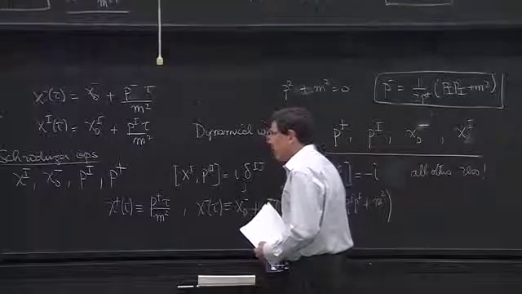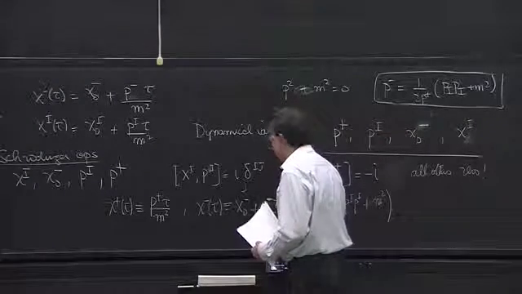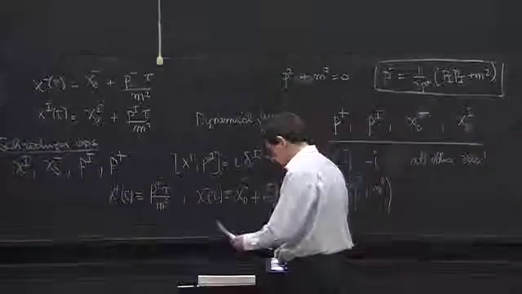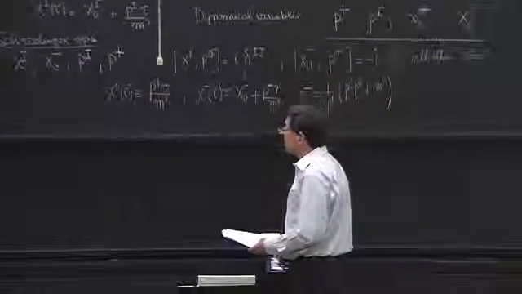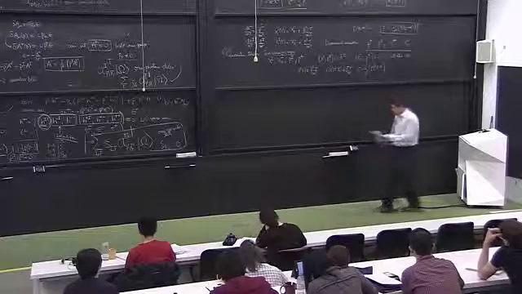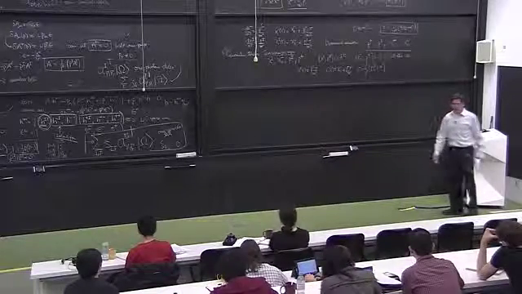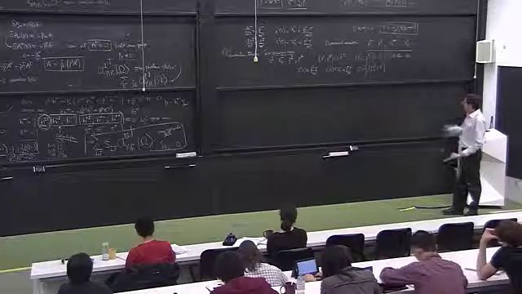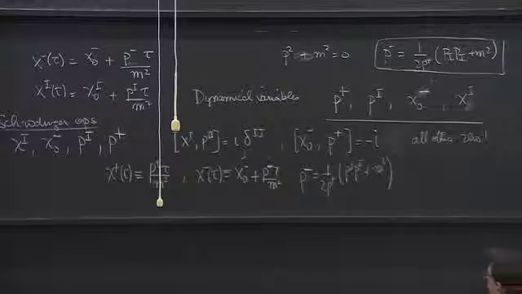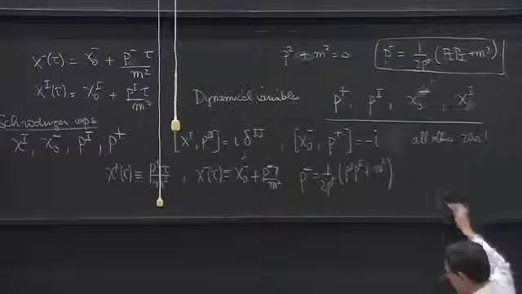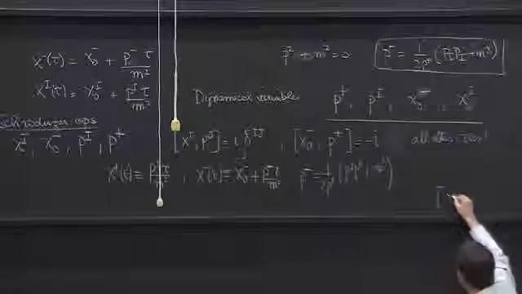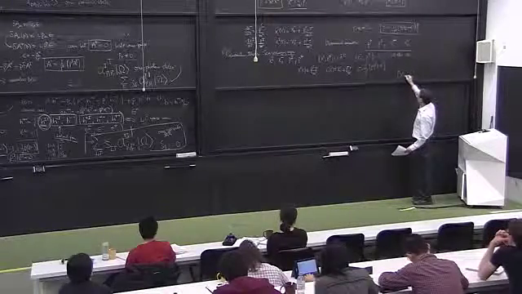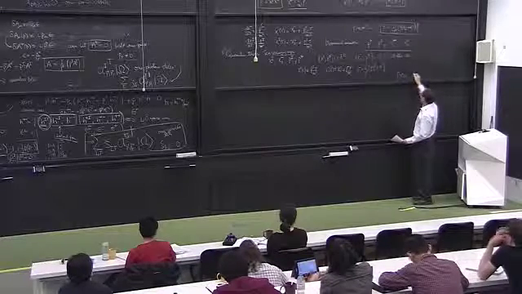Last thing I want to say is some remark about Heisenberg operators. Well, one other remark. Suppose you want to calculate, this is sort of funny, x plus with p minus.